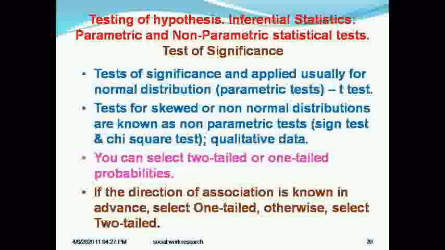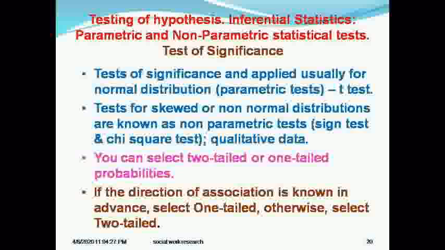Suppose we know the higher the income, the higher the expectation, which means we know in advance there is a positive correlation between income and expectation, which means we have to use the one-tailed test to assess the significance of this relationship between income and expectation.